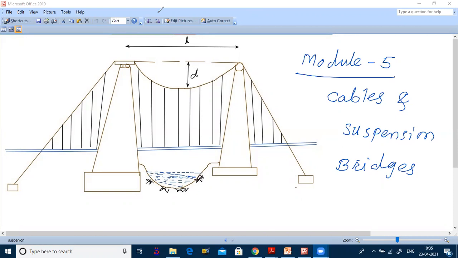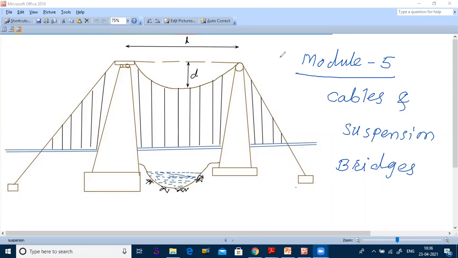Module number 5, cables and suspension bridges. Okay, please write down. Screen is visible. Yes, sir.